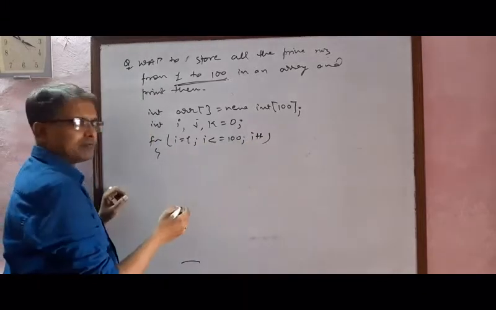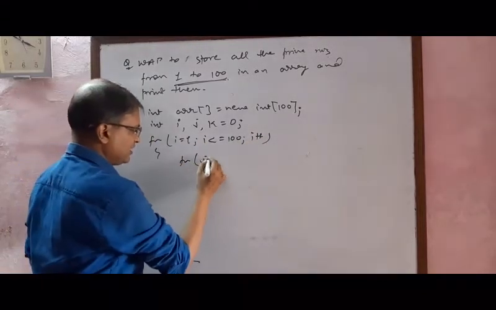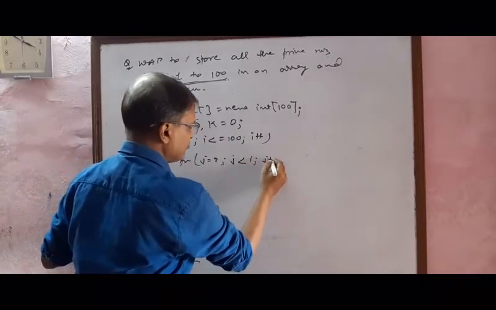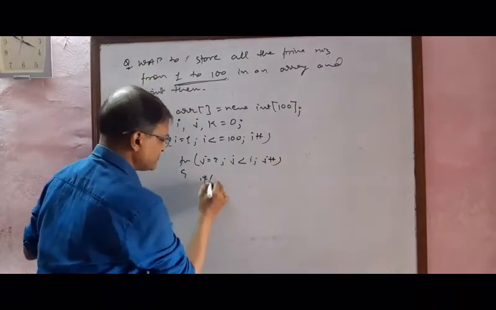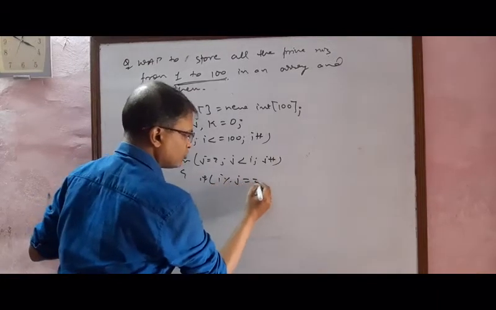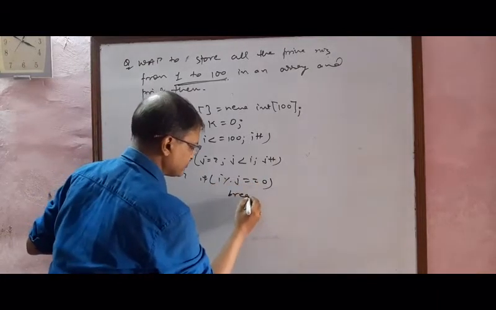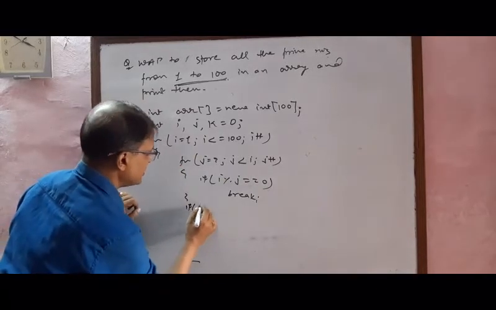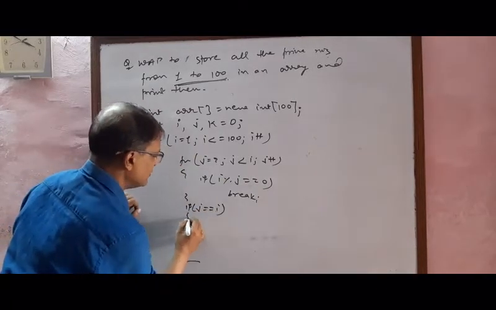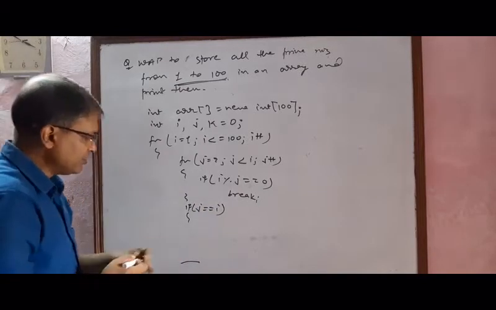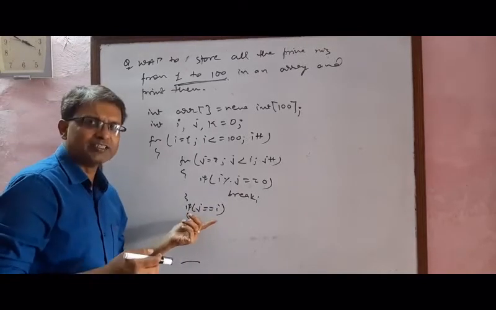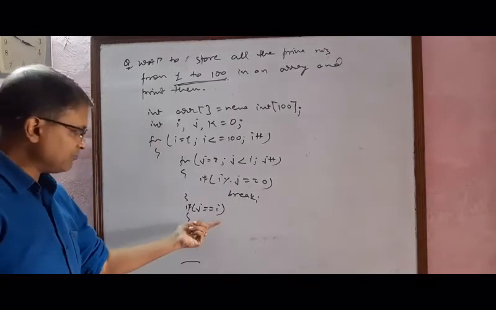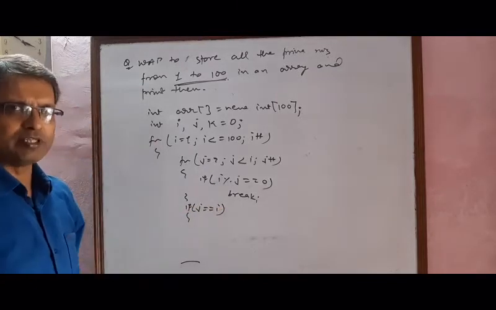Now check prime numbers: for j equal to 2, j less than i, j plus plus. If i modulus j equal to 0, break. Now if j equal to i, you have already studied in class 9 that if j is equal to i, then i will be the prime number.